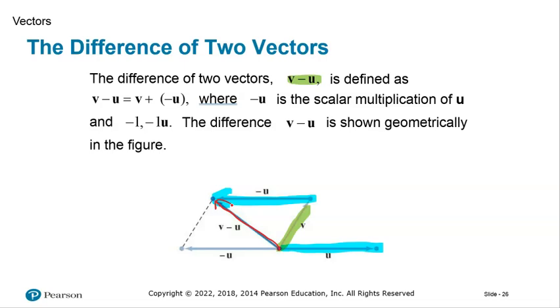That means you start with v, and then you do a negative u at the tip, and there you go. I hope that makes sense. Again, you don't have to do it that way in the homework. There is a much easier way to handle it, but warning, you're probably going to have to do this in a physics class at some point.